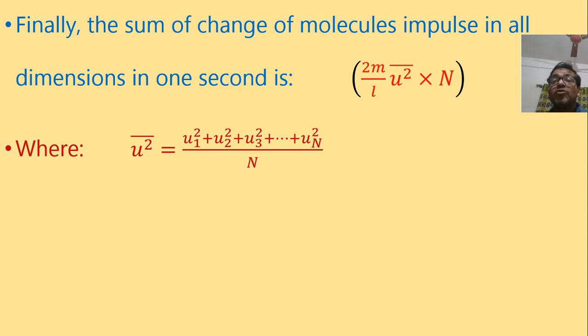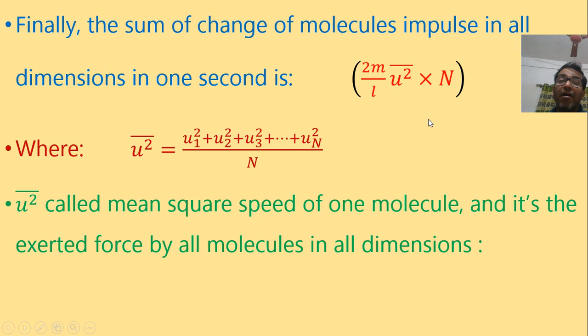Here we multiply with n, so it comes with n number of molecules, the sum of change of molecules. That is, n number of molecules have this type of impulse, right? So we are basically finding the force or the impulse, and we make the equation 2 m N u square bar by L, in all dimensions.